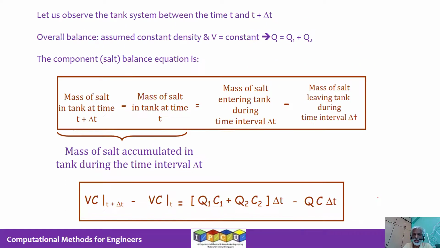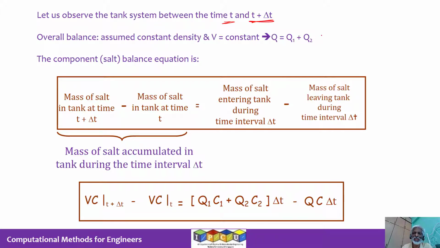Here, let's see how to proceed. Again, we observe the system between time t and t plus delta t. We start looking at the system at time t and stop looking at t plus delta t, so we are looking at the system for a duration delta t. And we assume that volume is constant. Therefore, as we wrote in the previous slide, Q is equal to Q1 plus Q2.